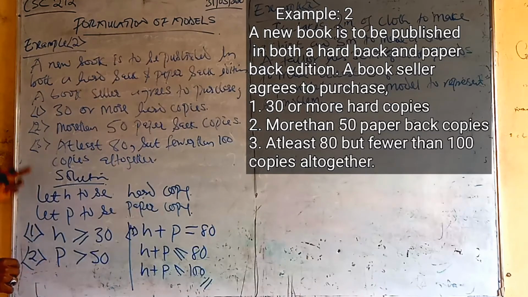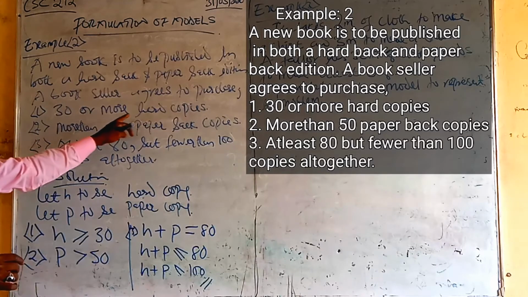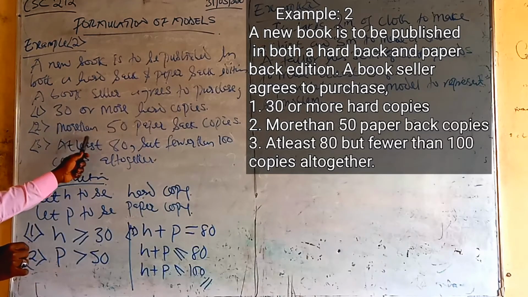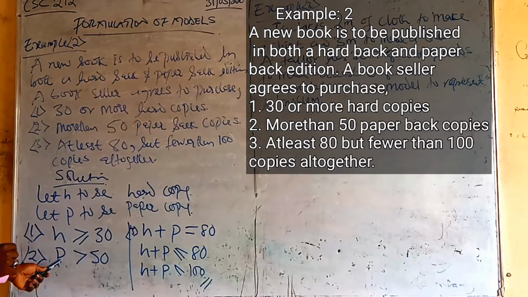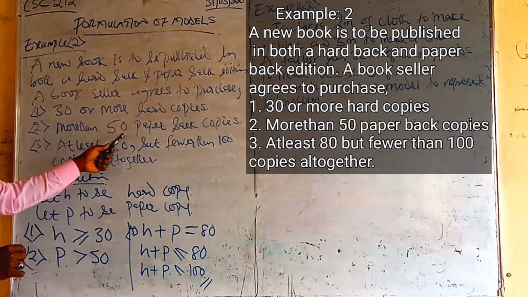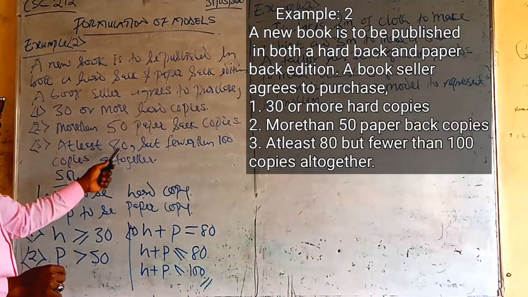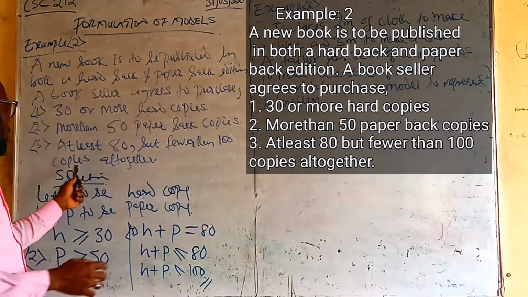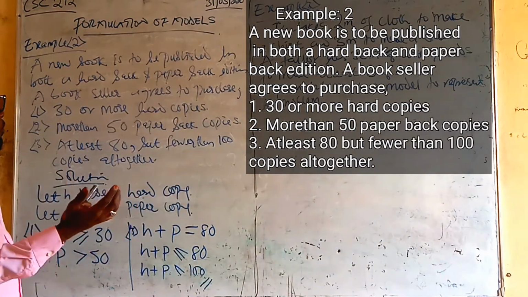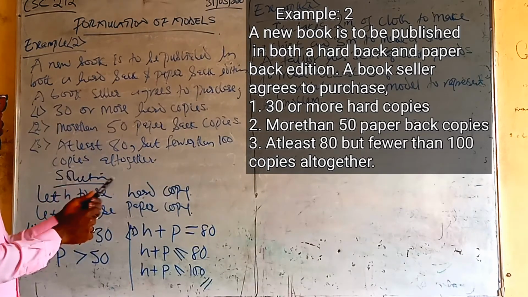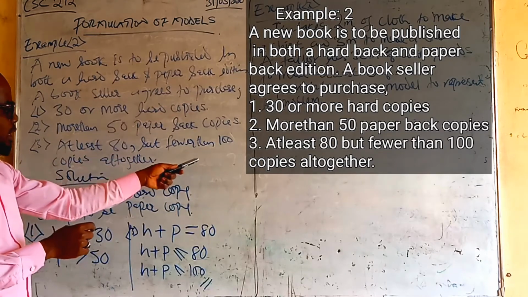So as you can see, the bookseller agrees to purchase, number 1, 30 or more hard copies. Here H is greater than or equal to 30. Number 2 scenario stated more than 50 paperback copies. That is, paperback is greater than 50 copies. Then in the third scenario, the bookseller agrees to purchase at least 80 but fewer than 100 copies altogether. That is, he has agreed to purchase both the paperback and the hard copy, about 80 of them, but fewer than 100.